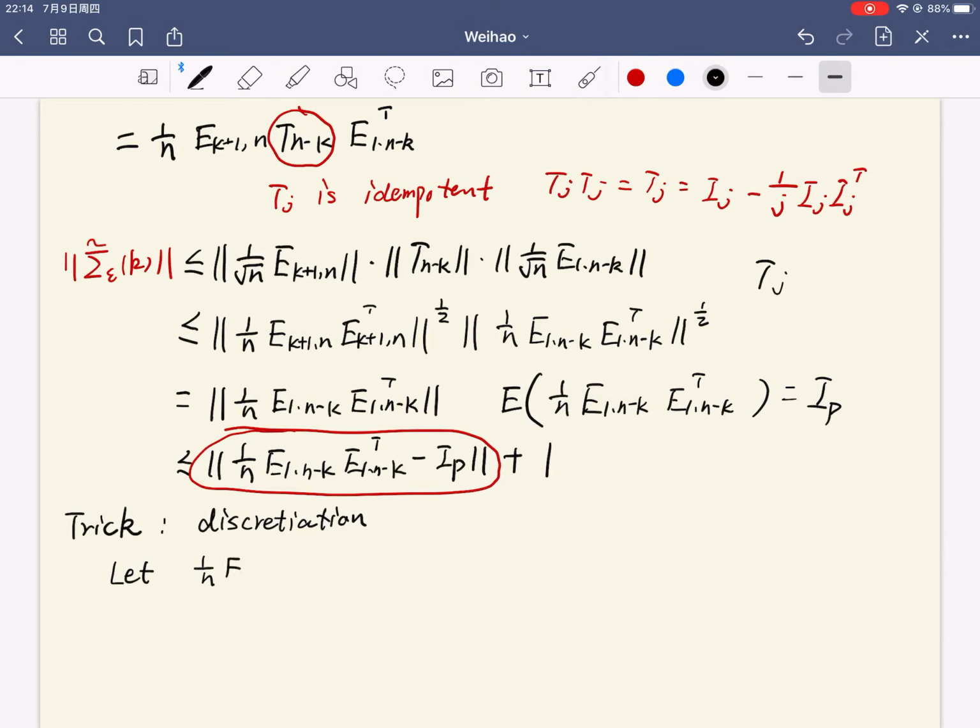Let's introduce sigma hat to ease the notation. We are going to bound the concentration.